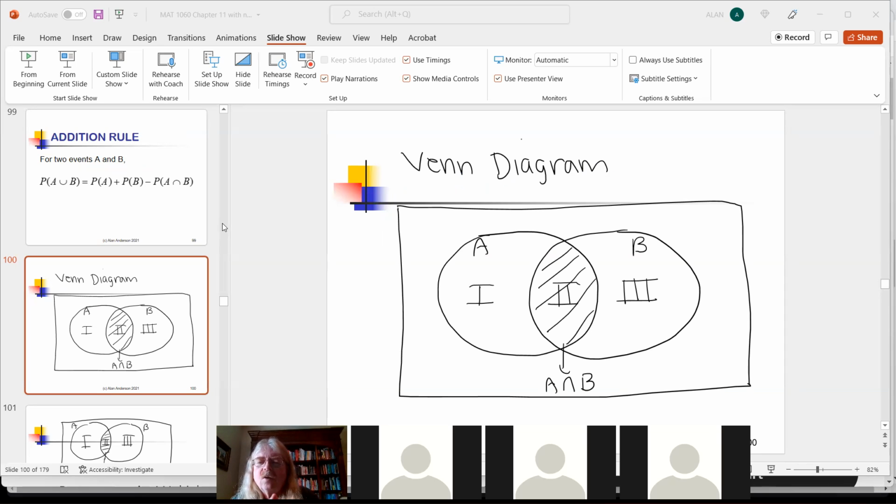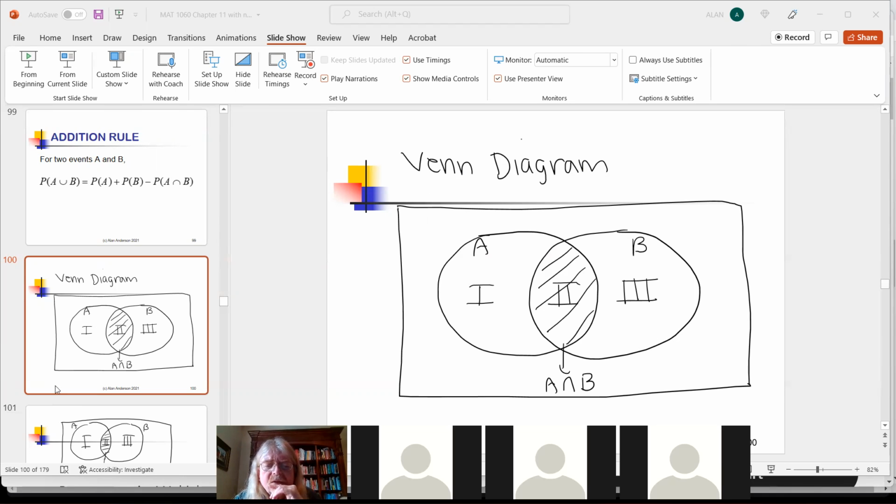We have A and B, and they overlap in region 2, where they have the intersection A intersect B. The box represents the sample space. Everything in there is in the sample space. Outside are the elements that are not, and they are irrelevant.